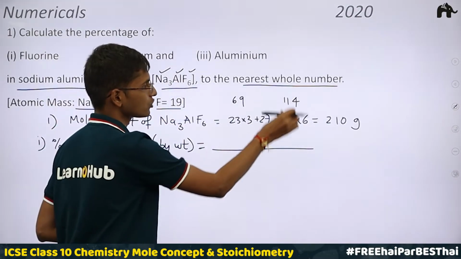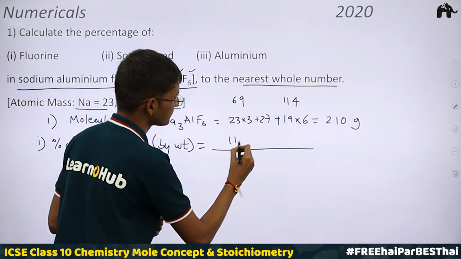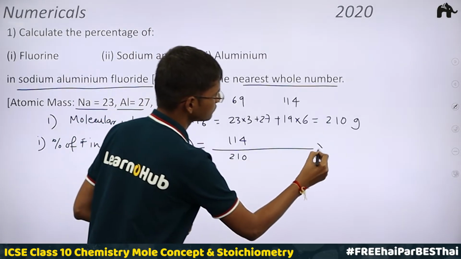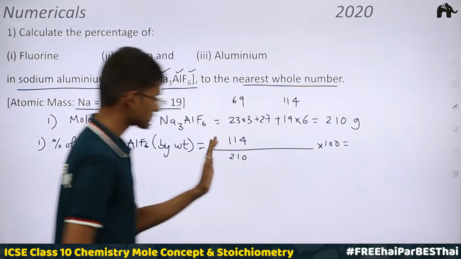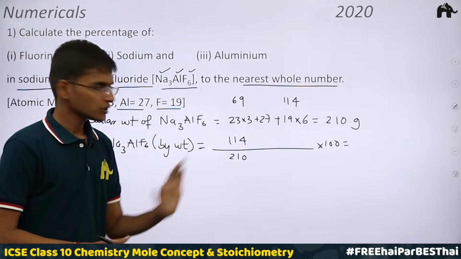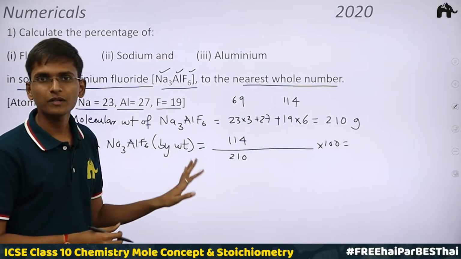So I have got the total atomic weight of fluorine in one molecule of the compound, 114. And then the molecular weight, 210. Now into 100, and then I would get the percentage of fluorine in this sodium aluminium fluoride by weight. If you solve this, we can just make out that it's roughly around 50%.